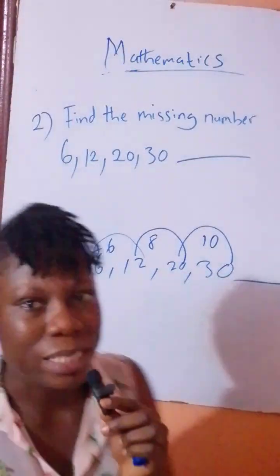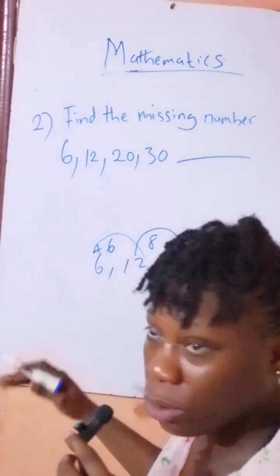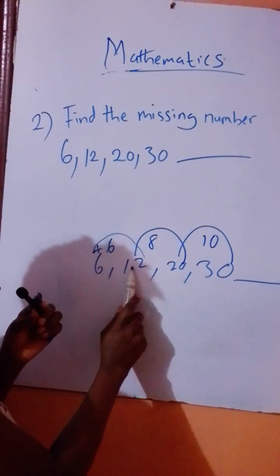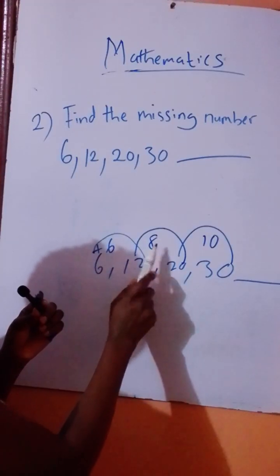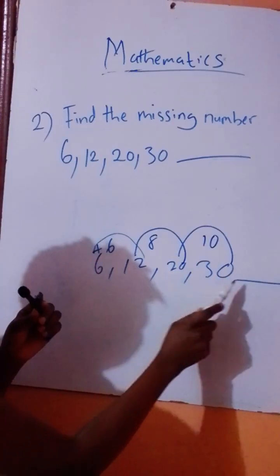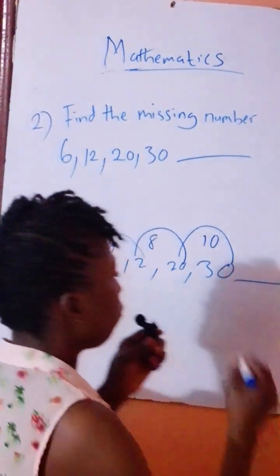Then we want to know what is the next number, because the difference is increasing by 2. 12 plus this 8 will give us this 20. This 20 plus this 10 will give us 30. Then our next value should be 42.